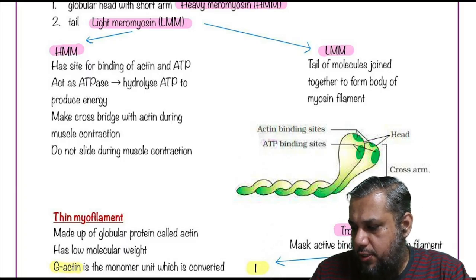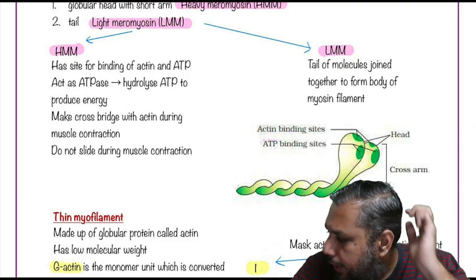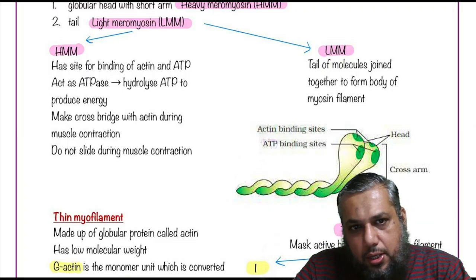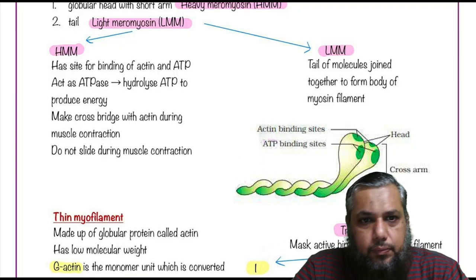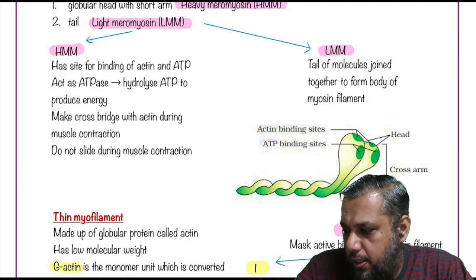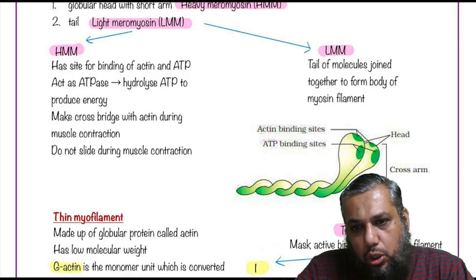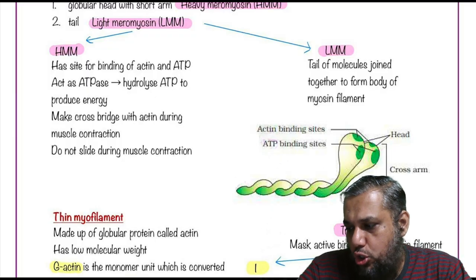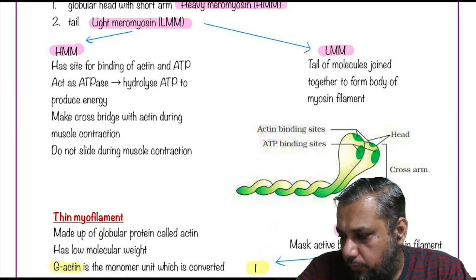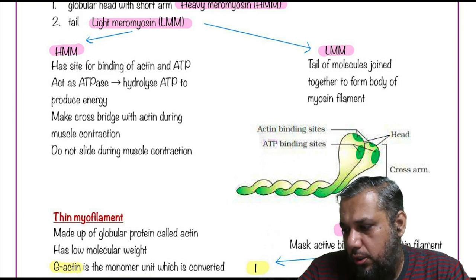So we are clear with this part, that each meromyosin has got two important parts. These two important parts are the HMM and LMM. The HMM includes the head and the short arm.